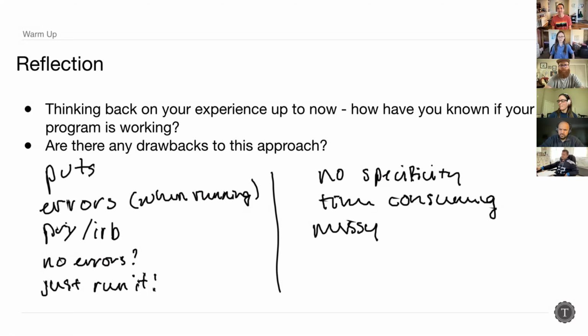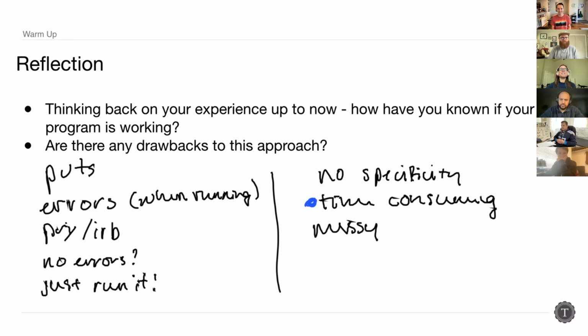I think for me, the biggest piece is this idea of the time that it takes to manually check if a program is running. In most cases, when you are building out a program, it is going to be far more time consuming to manually check every method, every class, every process that could happen.